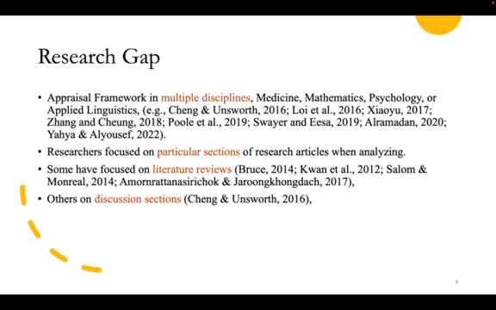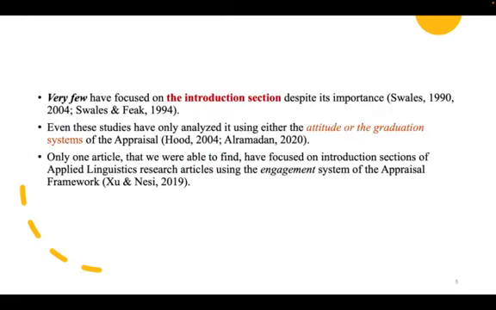The appraisal framework has been used in multiple disciplines and has been used to analyze particular sections of research articles. For example, some have focused on the literature review of research articles, others have focused on discussion sections. However, very few studies have focused on the introduction section, despite its importance.